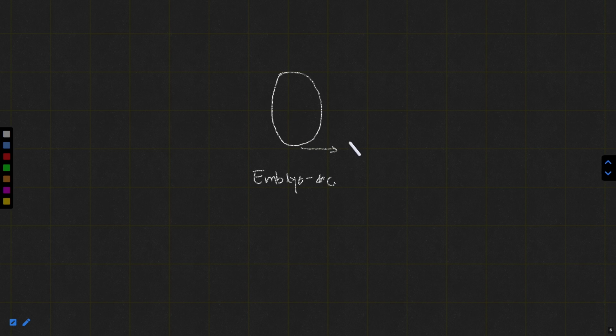If this is the micropylar end, and this is the chalazal end, at the micropylar end, what is present? The egg apparatus. So we can label it: this is the egg cell and these are the synergids.